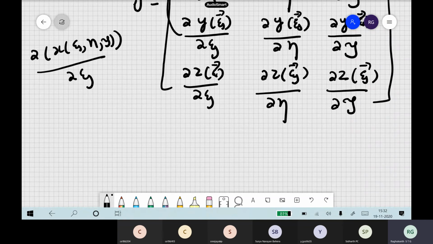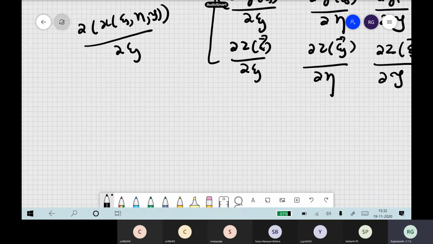Now once this is there, you have the Lagrange polynomials and all the shape functions.